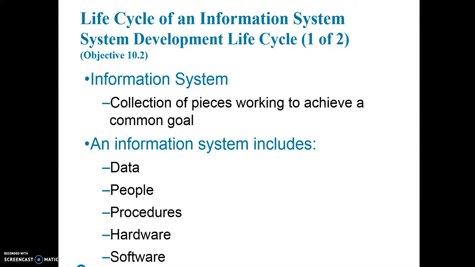An information system includes data, people, procedures, hardware, and software that help in planning and decision making. Information systems help run an office, they help coordinate online purchasing systems, and they're what's in the background behind database-driven applications. Things that are used by Amazon, for example, or Netflix.